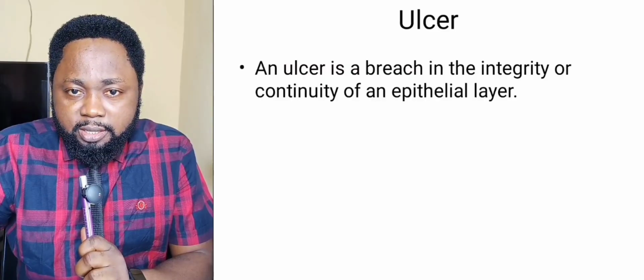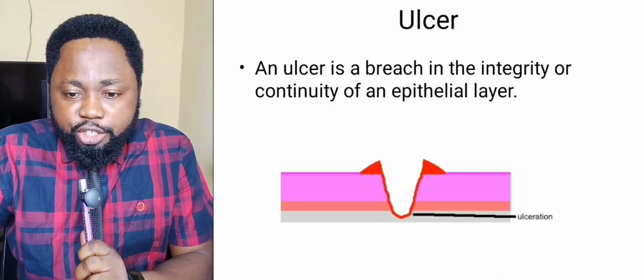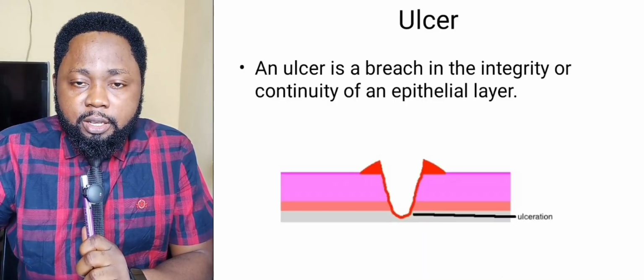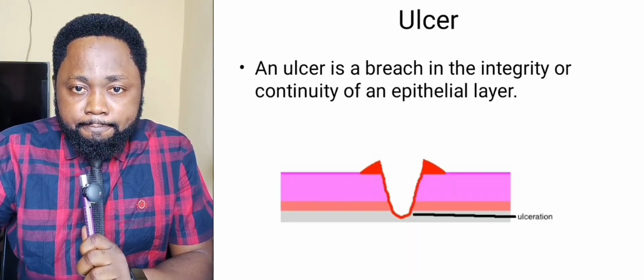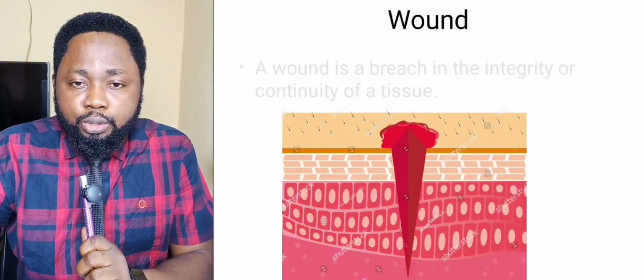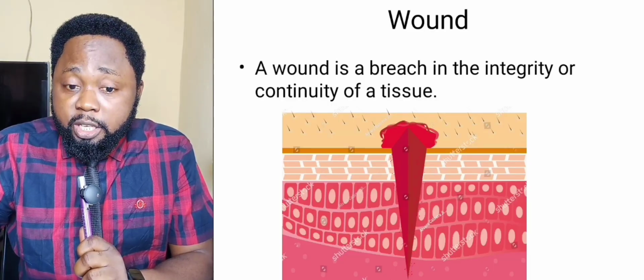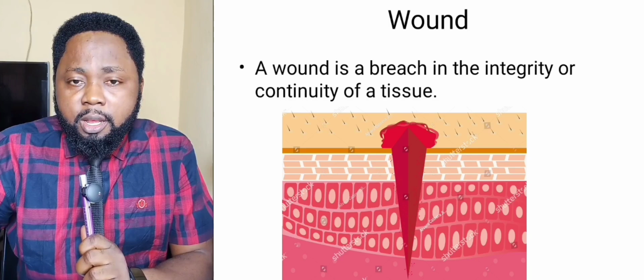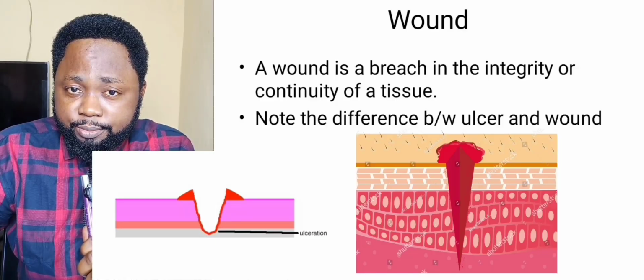Another terminology is ulcer. An ulcer is defined as a breach in the integrity or continuity of an epithelial layer, while a wound is defined as a breach in the integrity or continuity of a tissue. Now note the difference between an ulcer and a wound.